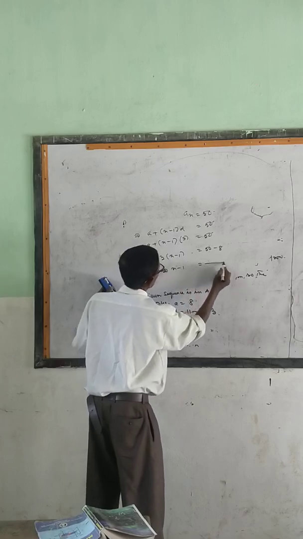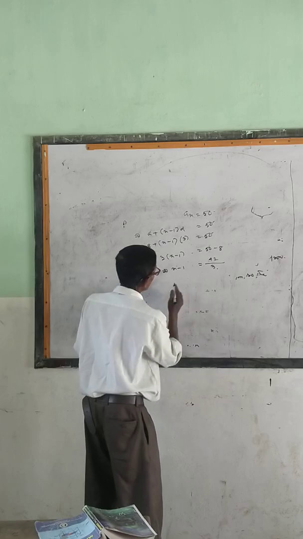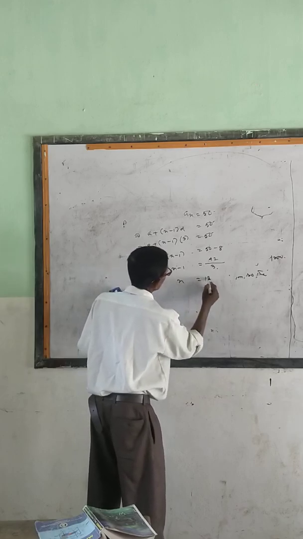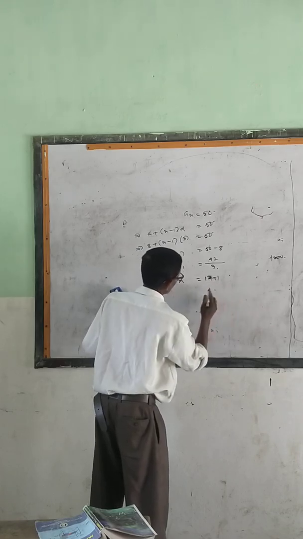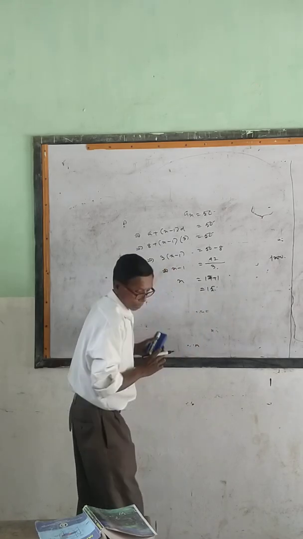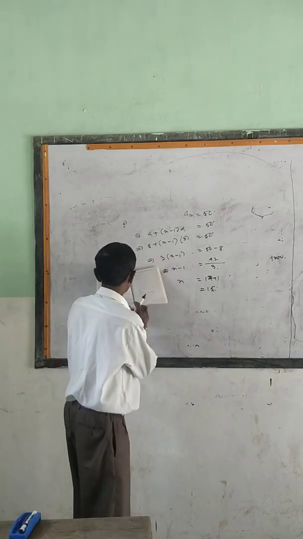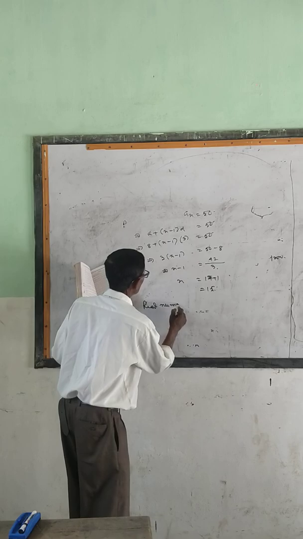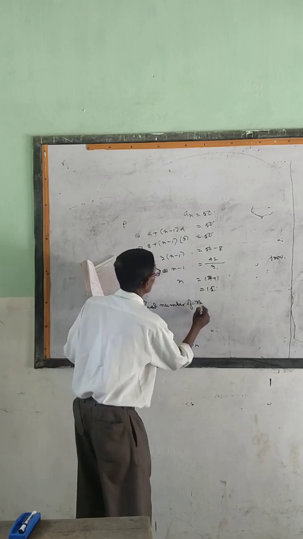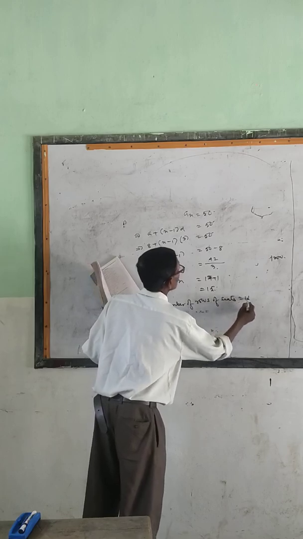N minus 1 equal to 42 by 3. So n minus 1 is 14. Oh sorry, n equal to 14 plus 1 equal to 15. So 15 is the number of rows of seats required.